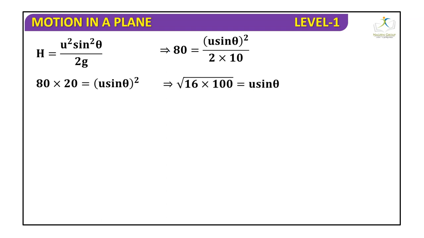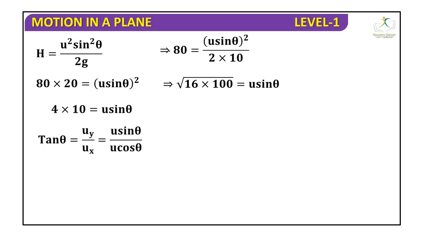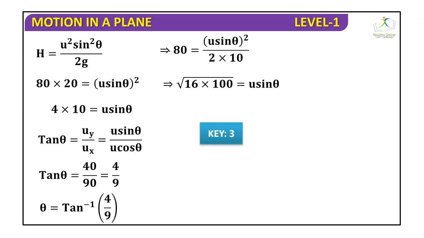That means 16 into 100 gives the value of u sin theta, that means 4 into 10, so u sin theta is 40. Tan theta equals uy by ux, which is u sin theta by u cos theta. As you can see, tan theta comes 40 by 90, which is 4 by 9. Finally theta comes tan inverse 4 by 9, which is option 3.